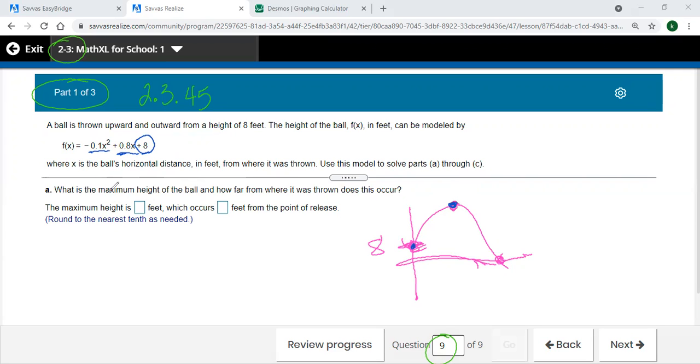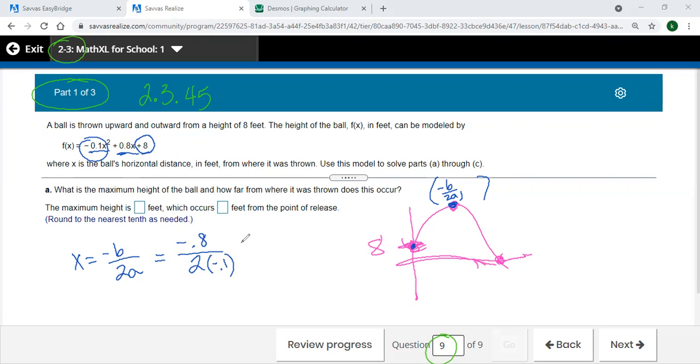So when you look back here at our equation, remember we had x equals negative b over 2a for finding the x value of the vertex here. So we're going to just plug that in. What's my b here? The 0.8. So I've got a negative 0.8 over 2a, and a right there, the negative 0.1.